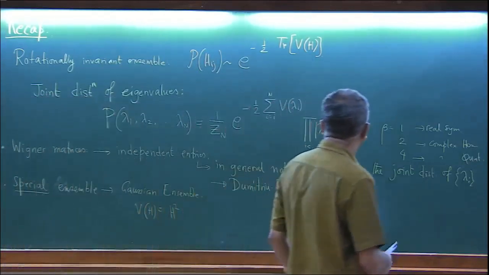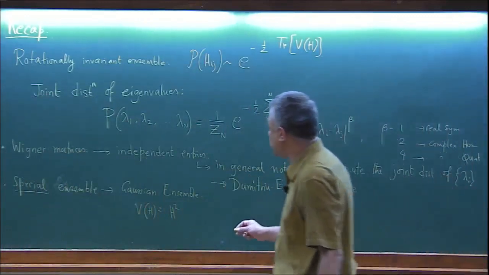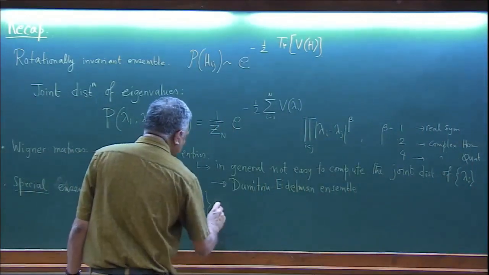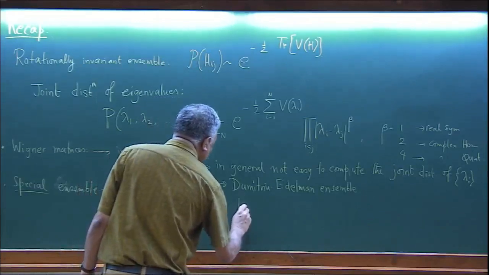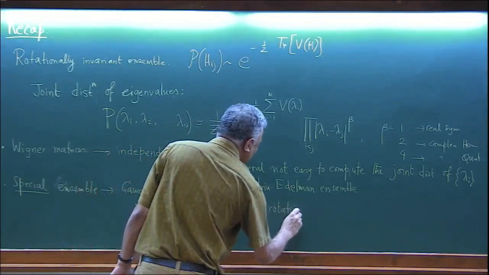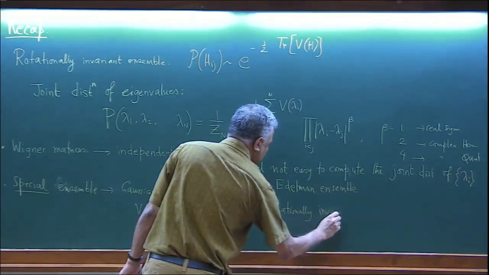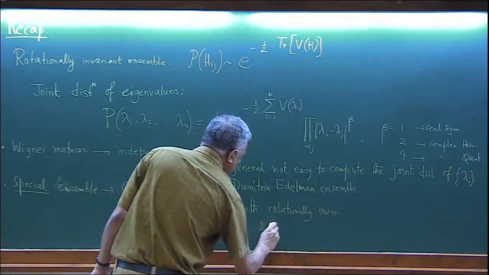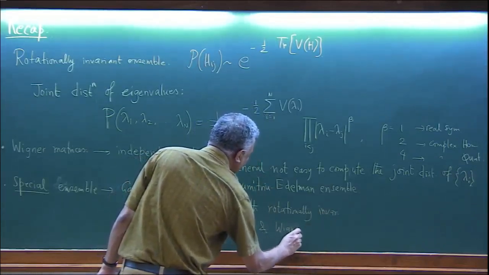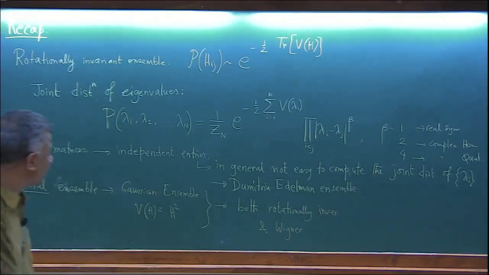off-diagonal ones. Why is the Gaussian ensemble so important to study? Precisely because it's both rotationally invariant, which means you can do analytical computation, and Wigner, which means you can generate it numerically very easily. Therefore, you can do both numerical and analytical studies for this particular ensemble, and that's why the Gaussian ensemble has played a very special role.